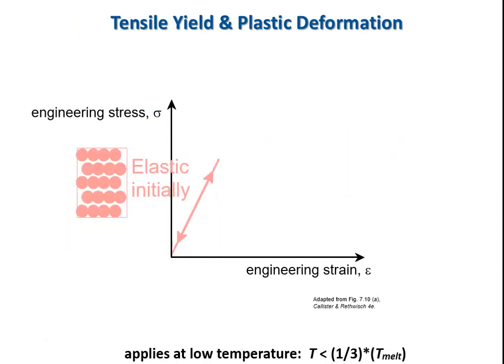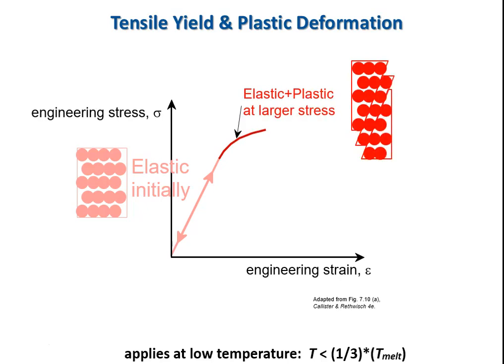Okay, so how do we measure that? What can we see if we do a stress strain test with our handy dandy load frame and load cells, extensometers? So if we put a sample in our load frame and we started applying more and more stress or applying more displacement, we would initially see our linear elastic regime shown there in the pink, and we could stress it, release the load, and we would move back and forth on that line, and we would be pulling the atomic planes apart.